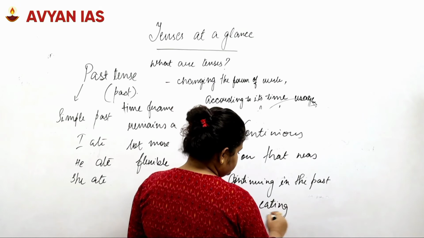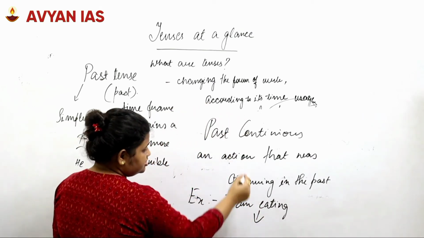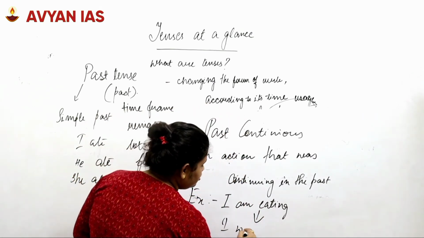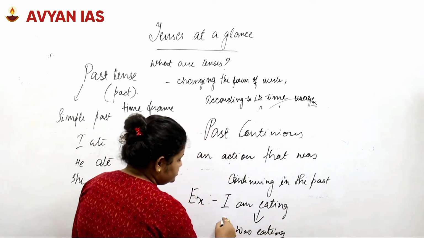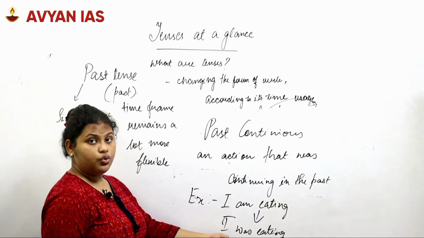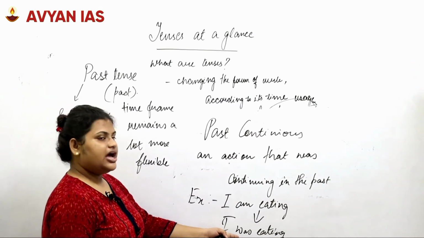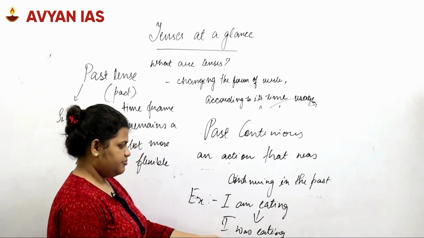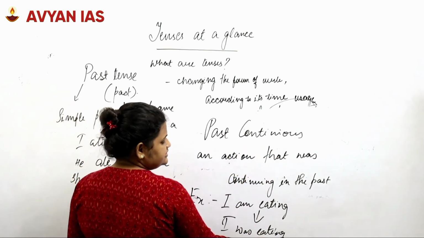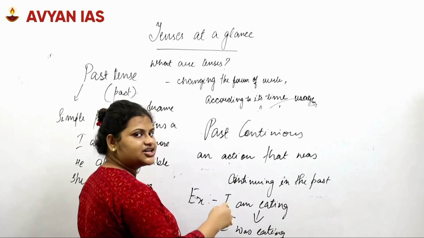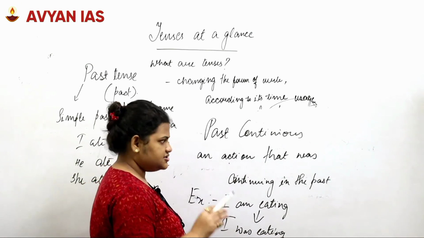So this sentence, when it changes to past continuous tense, it becomes I was eating. It means it was an action. This would refer to that you were eating at a certain point of time in the past. I was eating. So that is what past continuous tense is about: a continued action but in the past.